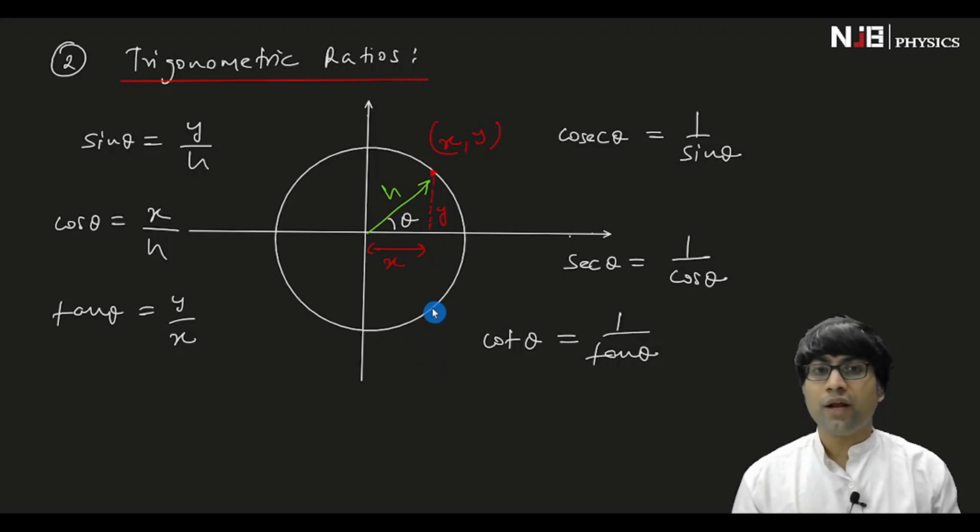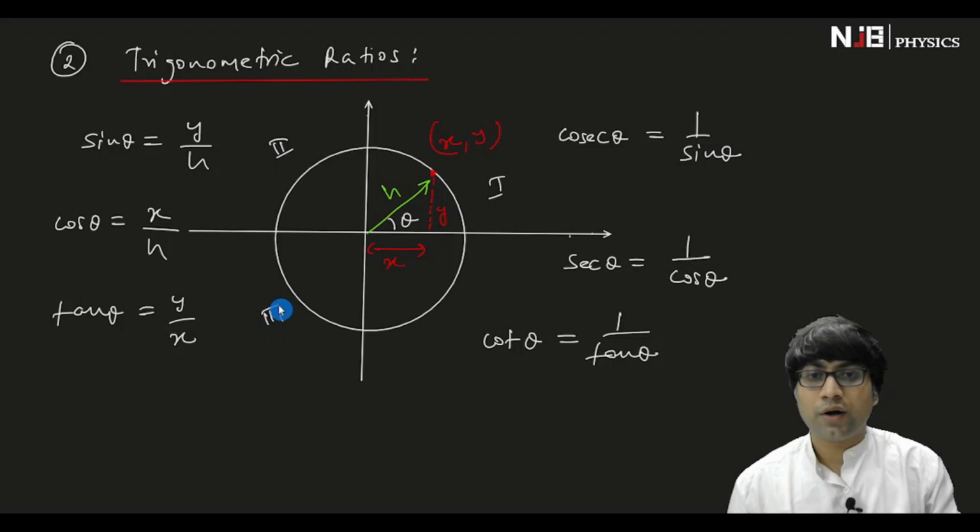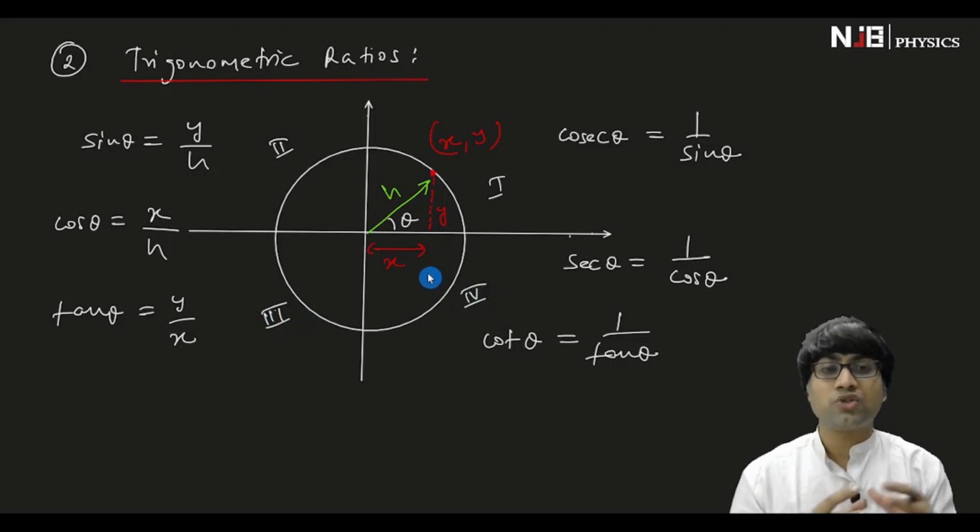In fact, if you look at this figure, this angle theta can be in the first quadrant, the second quadrant, the third quadrant, or the fourth quadrant. And accordingly, the x coordinate and y coordinate can be positive or negative, depending upon in which quadrant the angle theta lies. For example, in the first quadrant, x and y are both positive.